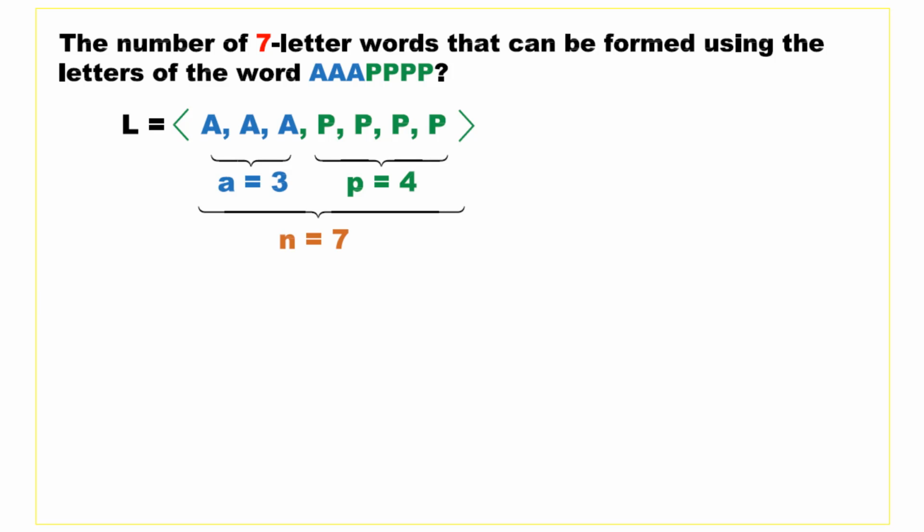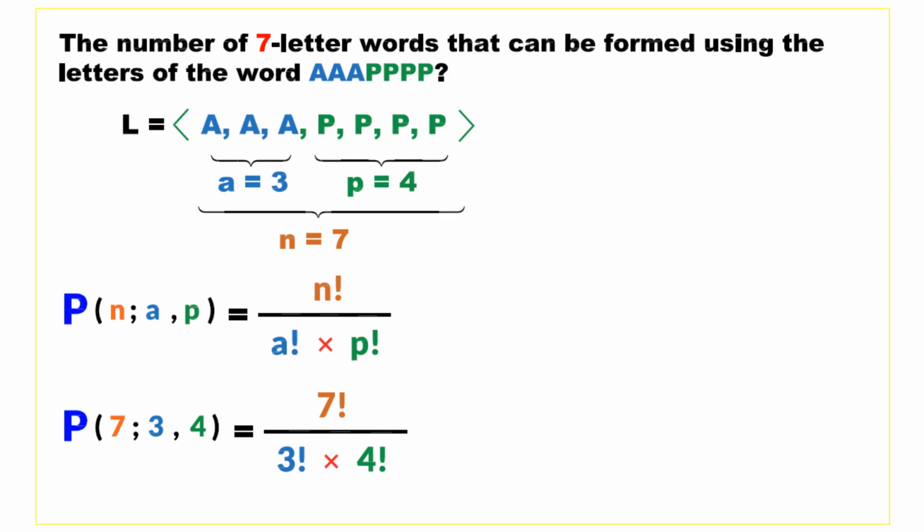And then we apply the formula of permutation with identical letters. So we apply this formula: permutation of 7 objects taken 7 at a time and in order with 3 and 4 identical items is equal to 7 factorial divided by 3 factorial times 4 factorial.